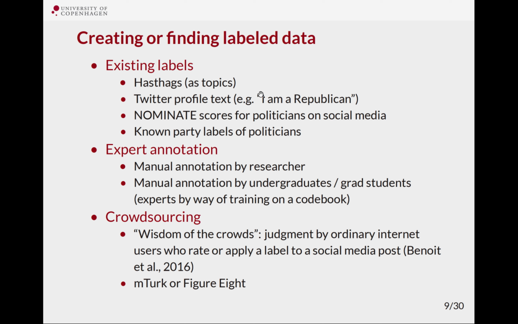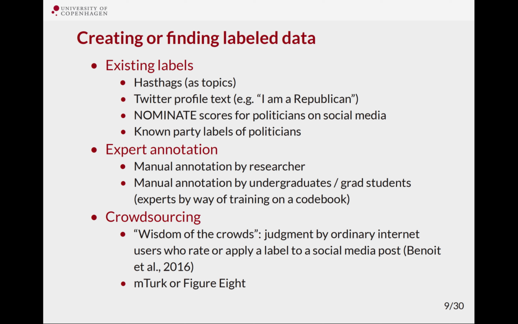It's relatively rare that you can actually find an existing label. And so often with these supervised learning approaches for social media data, you have to do the annotation yourself or pay others to do it for you. So often you can do it as a researcher. So if you wanted to label tweets as whether they are uncivil or civil, whether they're polite or impolite, you could pick out 5,000 tweets from your million tweet data set, and you could label them.